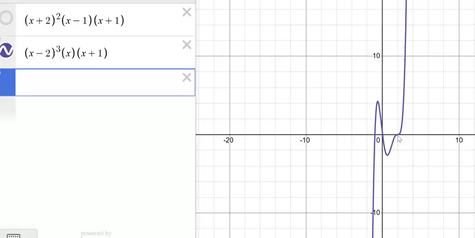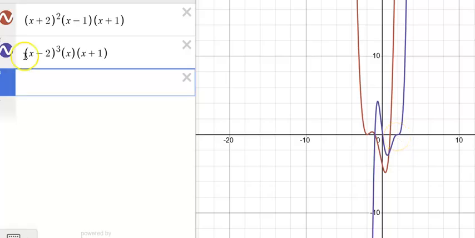So on the red one, because this is an even number, it would touch at that point, but on the purple one the power of the repeat is odd, so it crosses at that point.